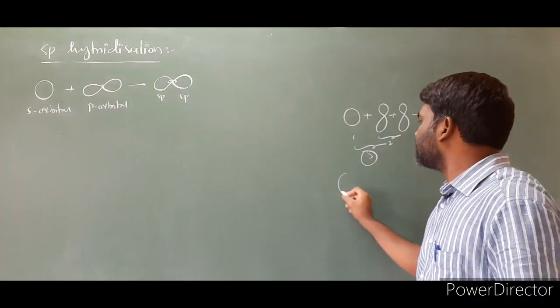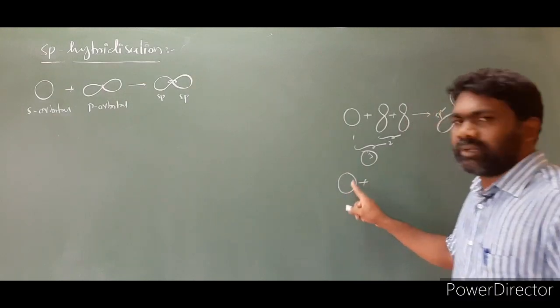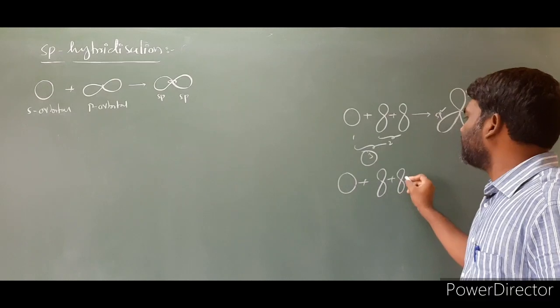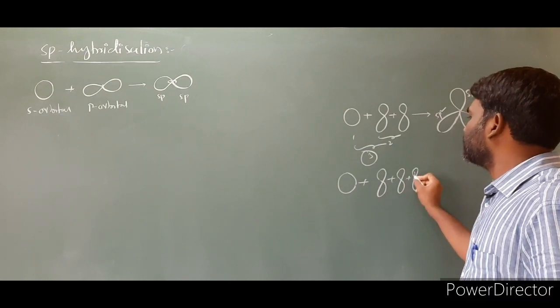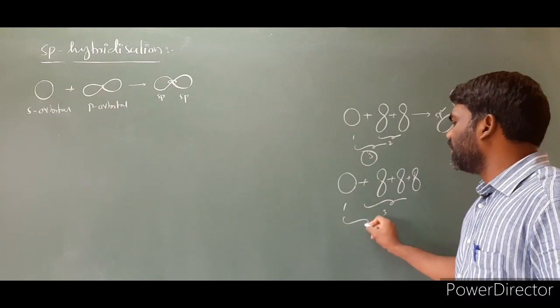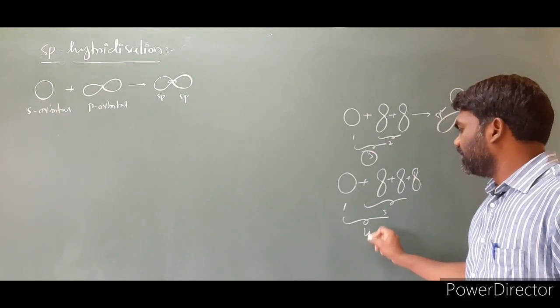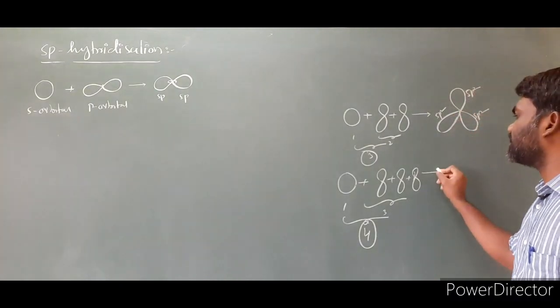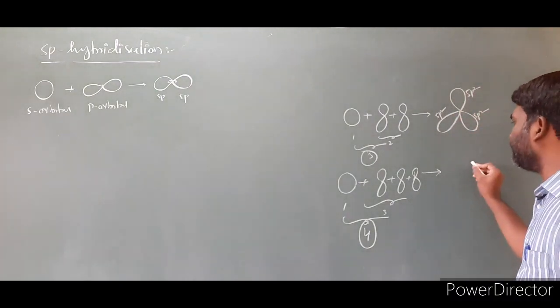Now, continuing, I take one s orbital and three p orbitals. The total number I took is 4, so 4 pure atomic orbitals are intermixed. Then how many hybrid orbitals will we get? 4.